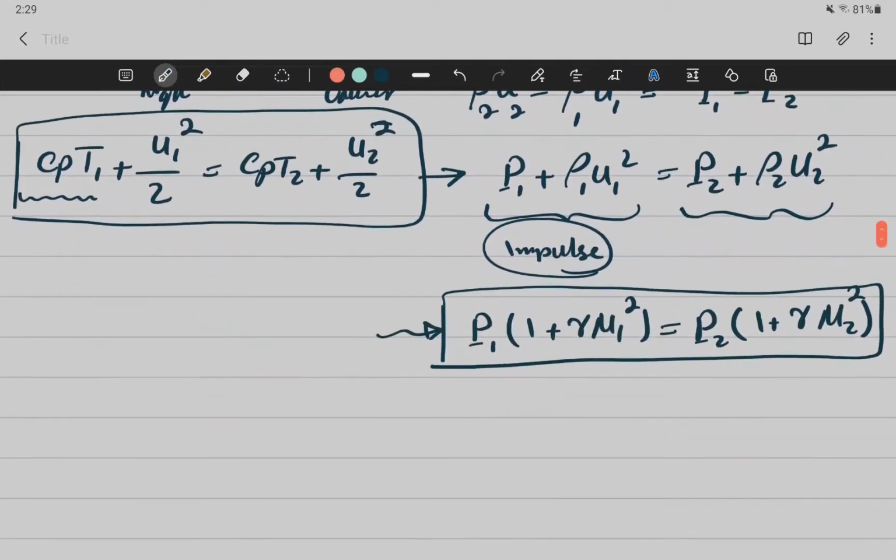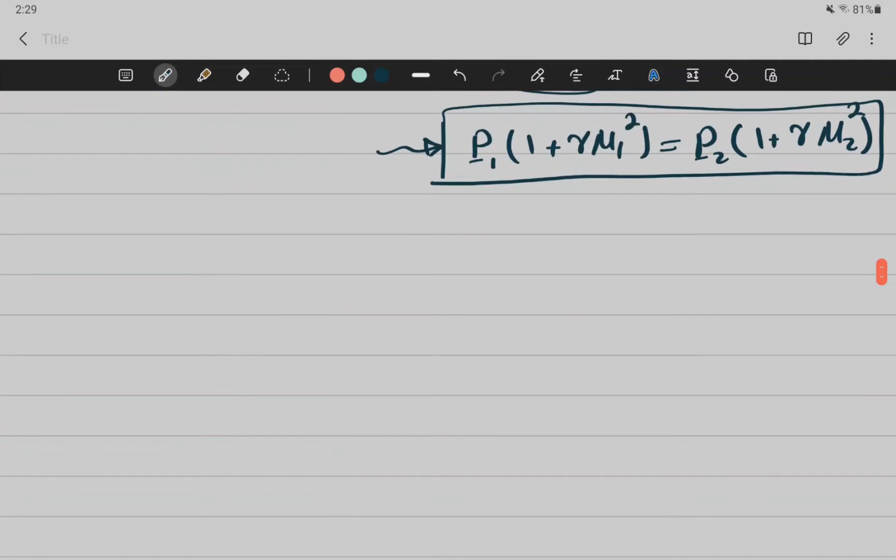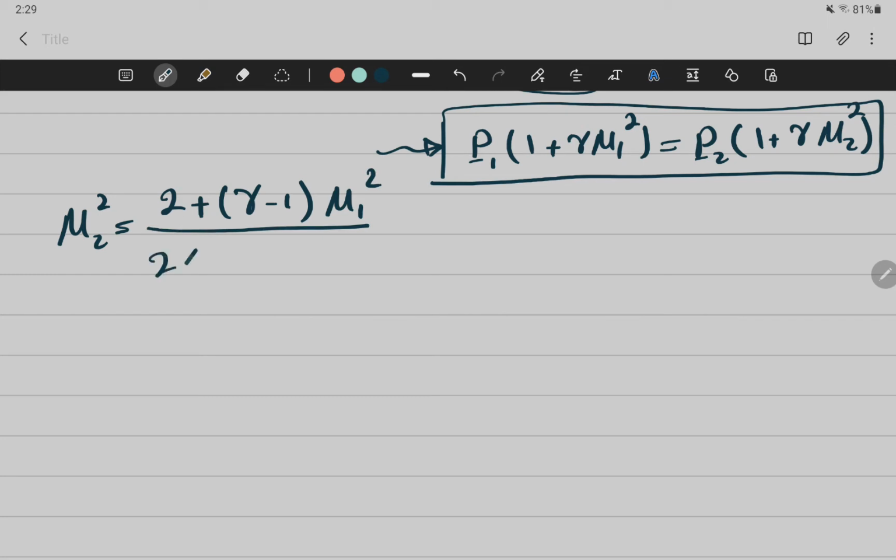I'm not going to go through the derivations. I'm just going to give you the final equation, which we are not going to use actually. So the Mach number downstream of the shock wave M2 squared is going to be equal to 2 plus gamma minus 1 times M1 squared, divided by 2 gamma M1 squared minus gamma minus 1.